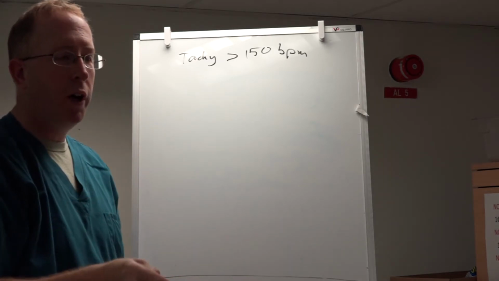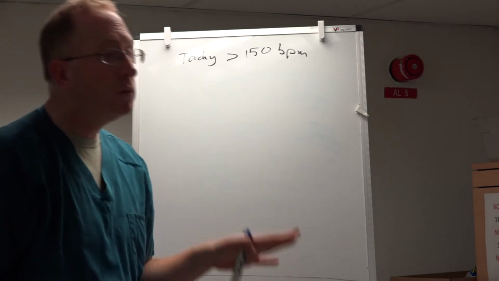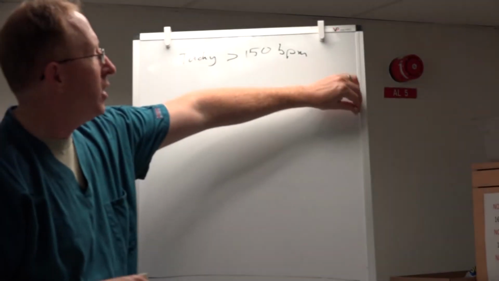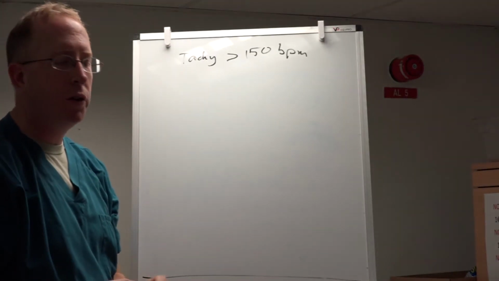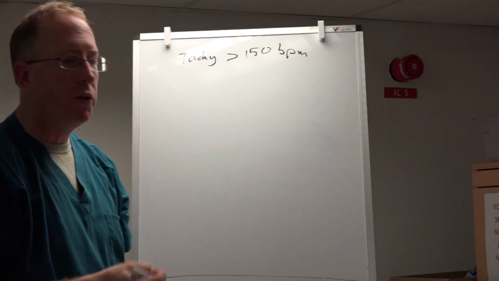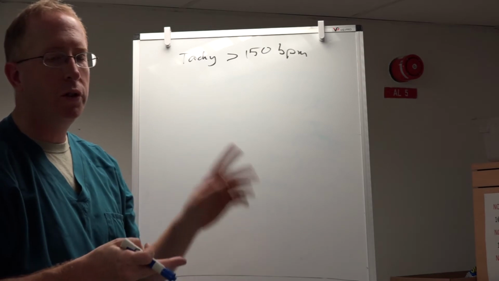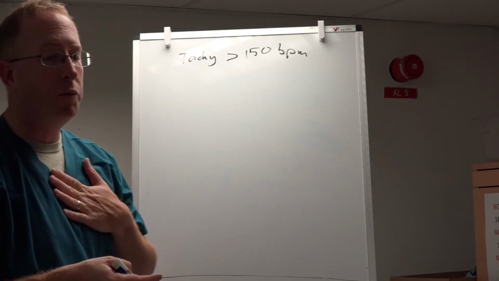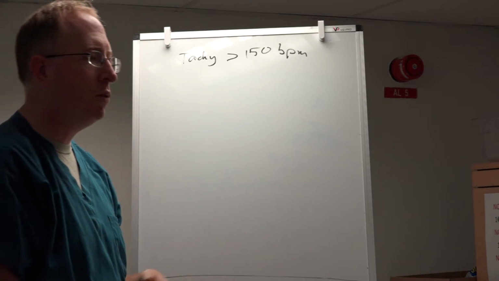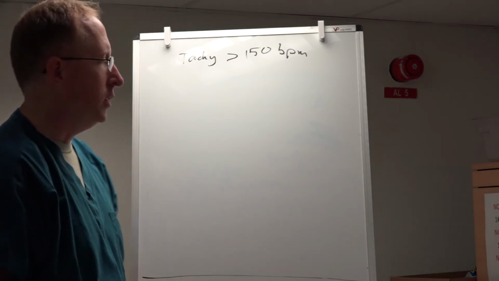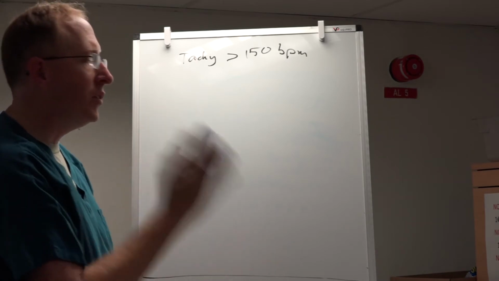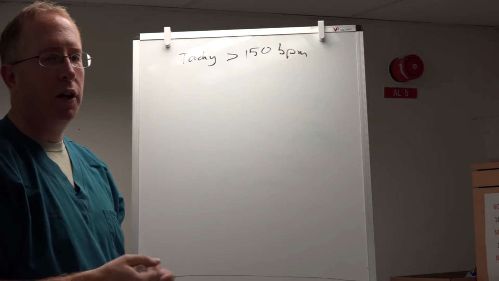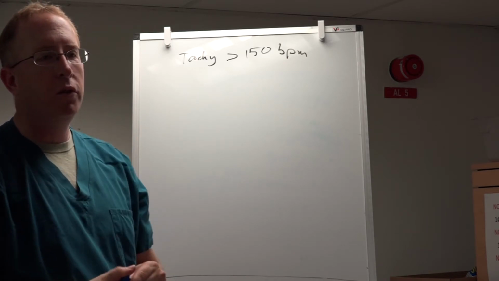Do you need to treat them right away, or can you give a little bit of time and try something not quite so invasive? We talked before about the signs and symptoms of instability. Remember, it's altered mental status, confusion, maybe they're semi-conscious, ischemic chest discomfort, low blood pressure, hypotension, all that stuff. So if they're exhibiting those signs and symptoms, they're unstable and they have a narrow complex tachycardia at a rate of 180, what's the treatment?